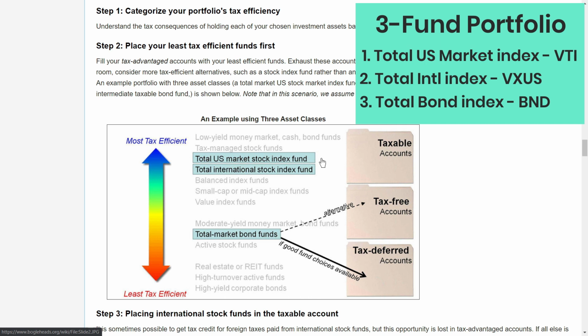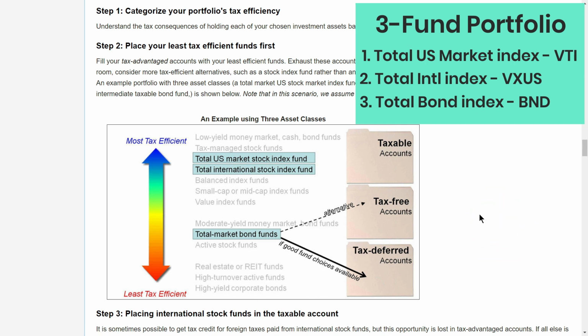The total international stock market is also tax efficient, maybe not as tax efficient as the total US stock market, but there are a couple of other caveats that are specific to the total international market. And the total bond fund is categorized as moderately inefficient because it's a mixture of different kinds of bonds. It's a very broad-based index, so while not as efficient as the total US stock market, it's also not as bad as high-yield corporate bonds or REITs.